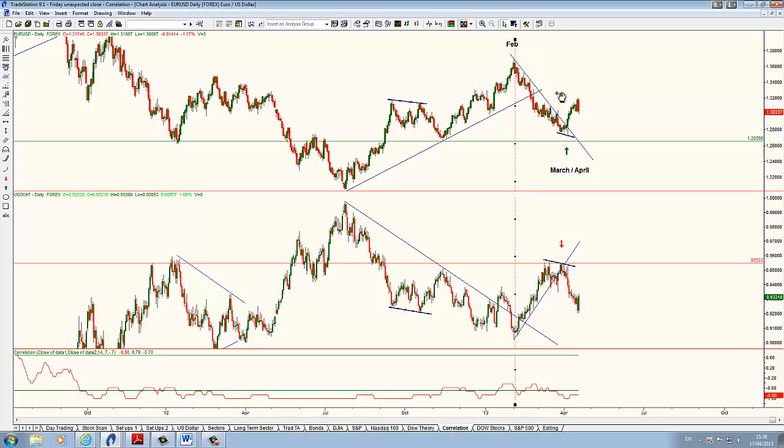Earlier we looked at Euro US dollar and we were counting 5 waves down and expecting a 3-wave recovery before a third wave decline.